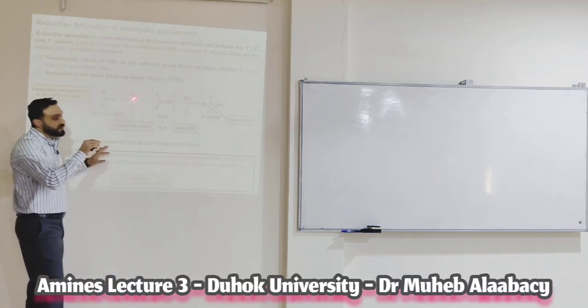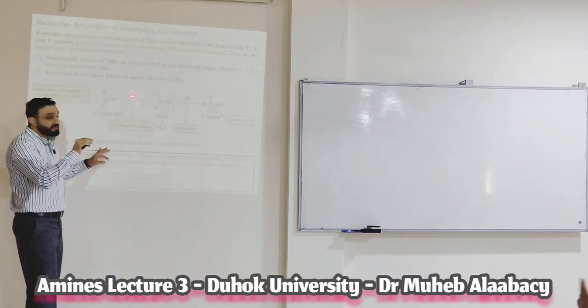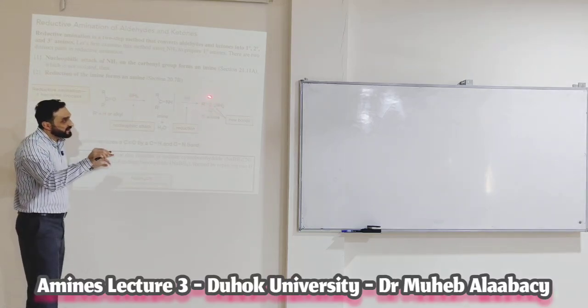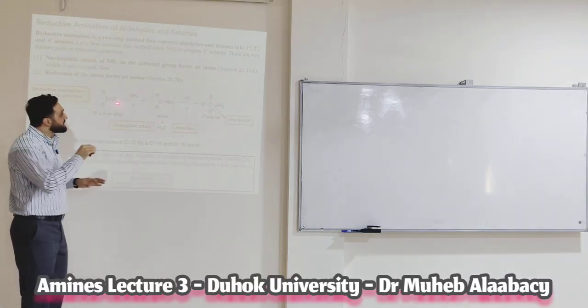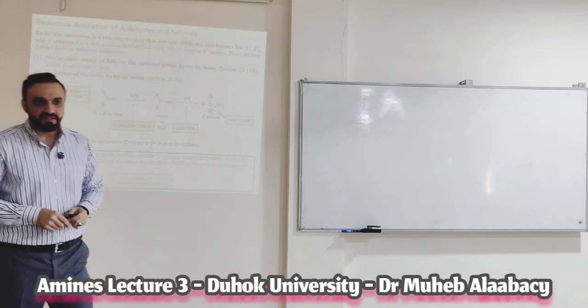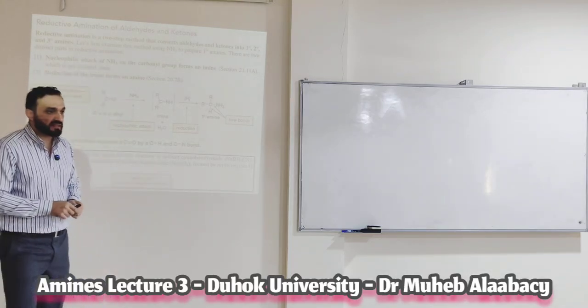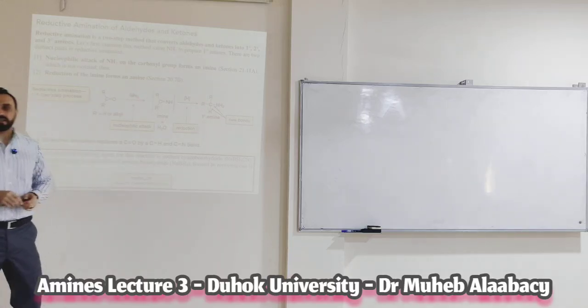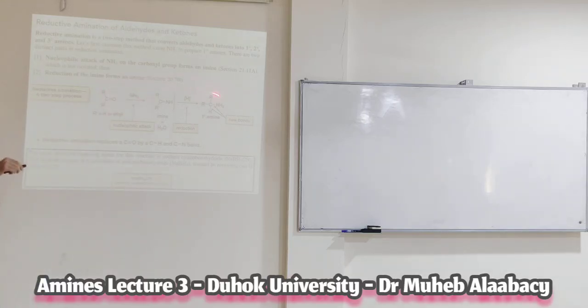This nitrogen is bonded to three hydrogens, so we replaced one hydrogen by an alkyl group. That means this reaction is an indirect alkylation, a substitution reaction. Do you understand what I mean? It is clear, yes?